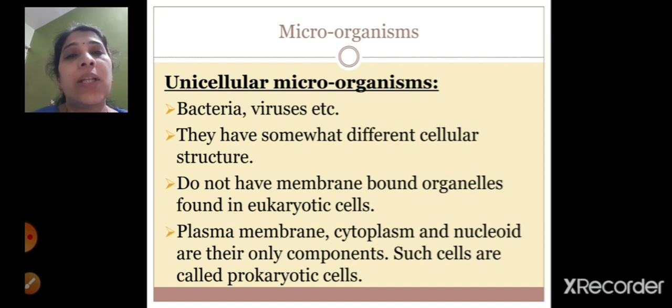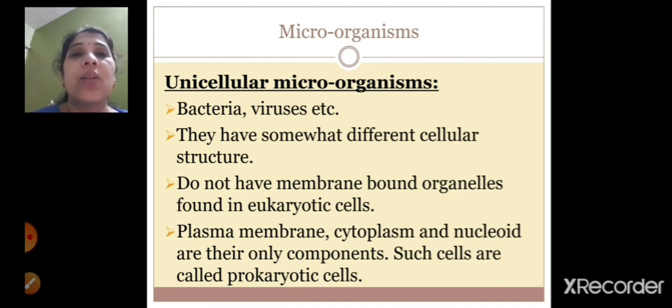Now children, nucleus and nucleoid are both different, right? The nucleus, as I told you, has a double wall membrane, and the nucleoid does not have any membrane, right? So this was about the unicellular microorganisms. Microorganisms are unicellular as well as multicellular. Examples of multicellular are the fungus and the algae that grow in the ponds, and unicellular organisms are bacteria and viruses.